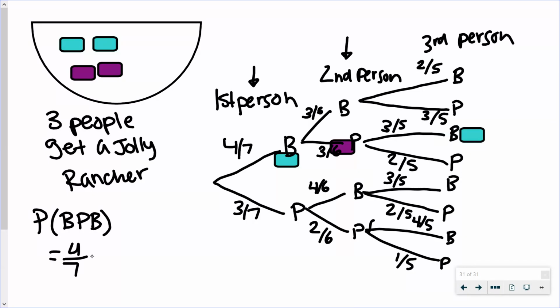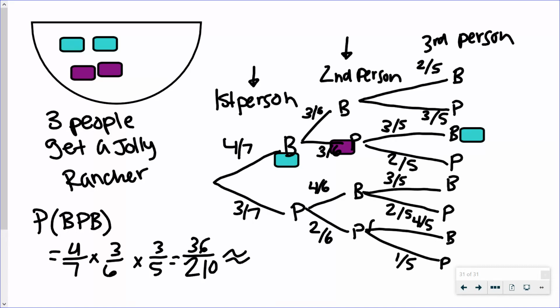So 4/7 times 3/6 times 3/5, which is equal to 36 over, I believe, 210.